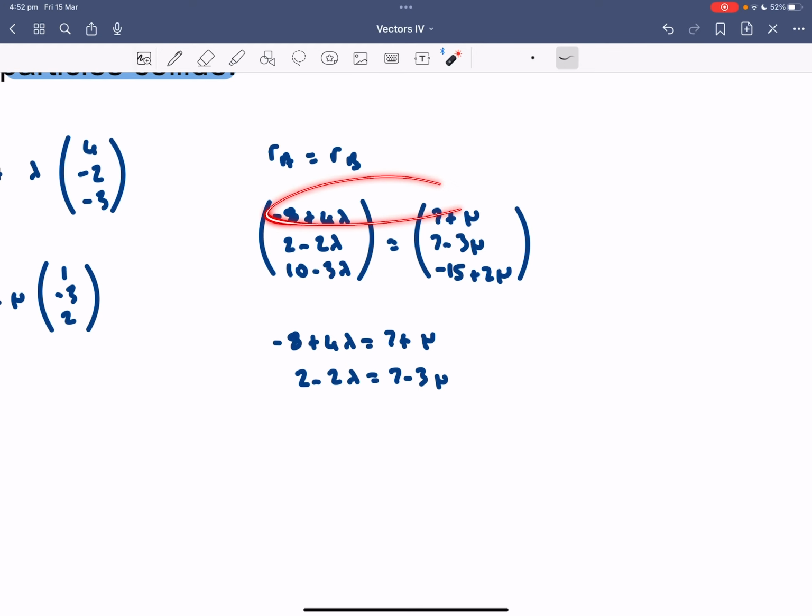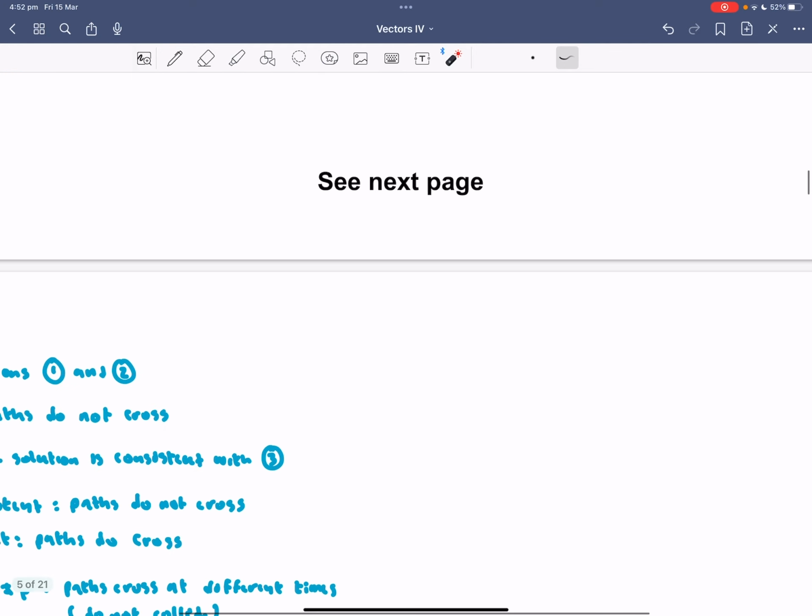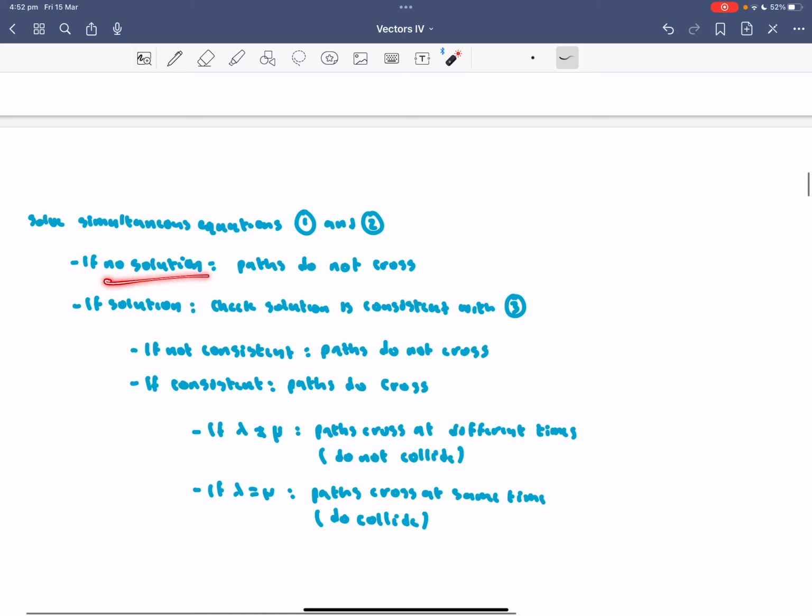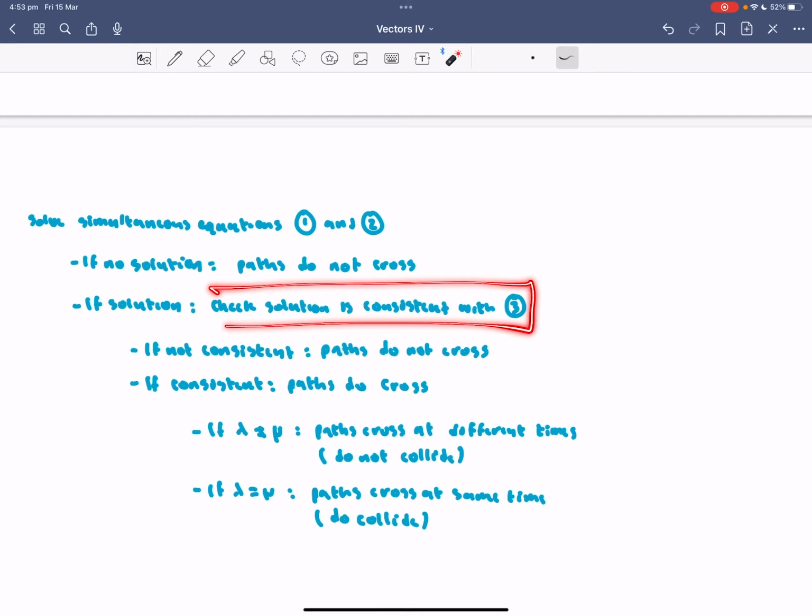If there is no solution, straight away, the paths do not cross. However, if there is a solution to your simultaneous equations, then check if the solution is consistent with equation 3.